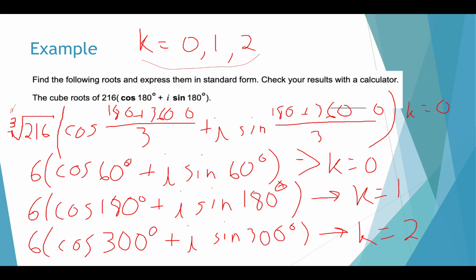At my first root, I have cosine of 180. This would be 1 times 360, right? 1 times 360 is 360. So 180 divided by 3 is 60, and 360 divided by 3 is 120. So 60 and 120 is 180.